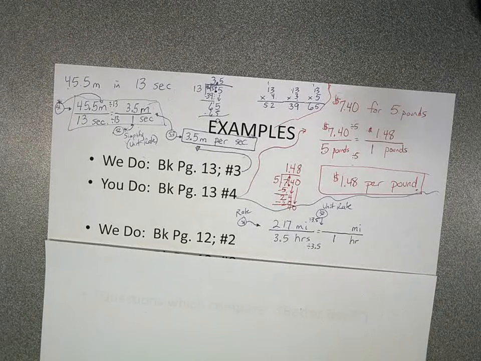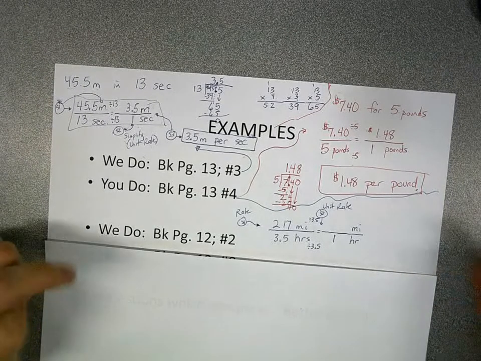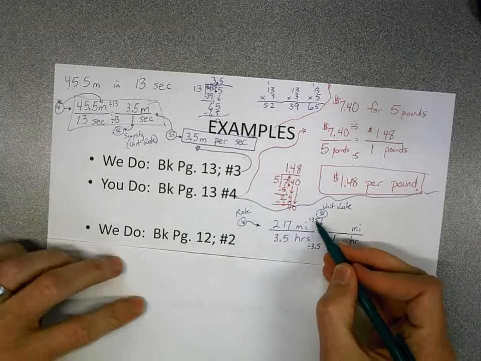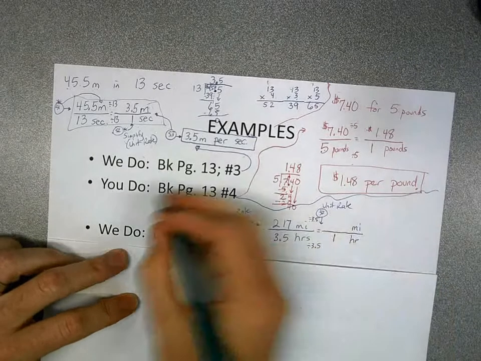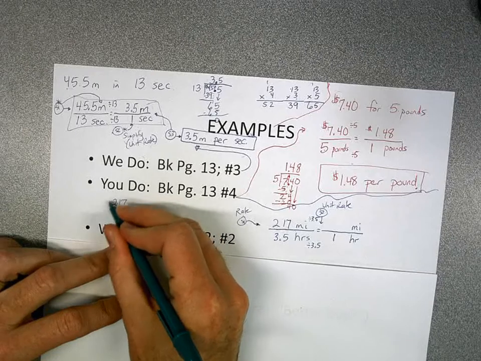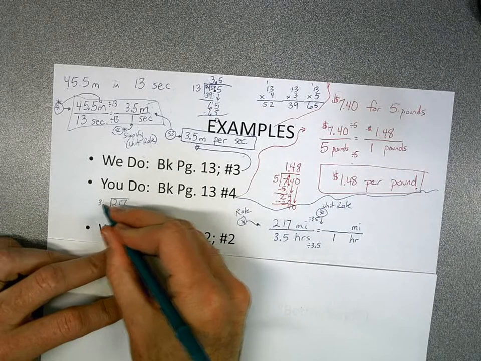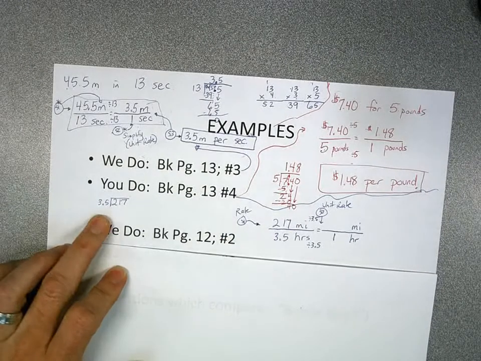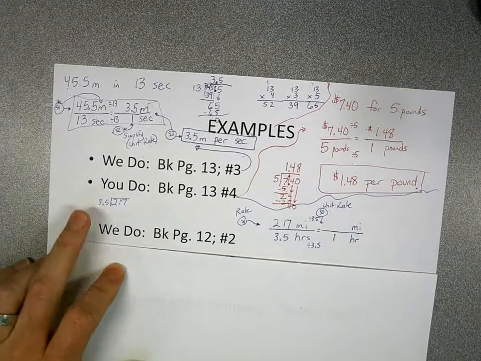All right, now, maybe for some of you guys, it's been a little while, maybe since elementary school, since you've divided by a decimal. So here's what we have. Just a little reminder. We're going to have 217 divided by 3.5. If there's a decimal in the divisor, meaning that outside number, just a little reminder. We have to get rid of the decimal.